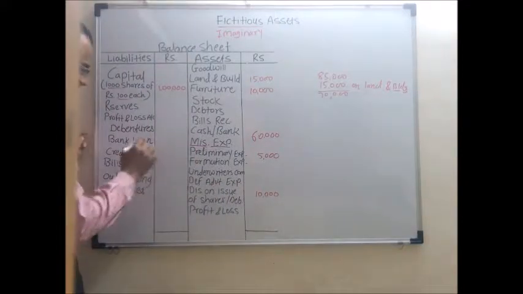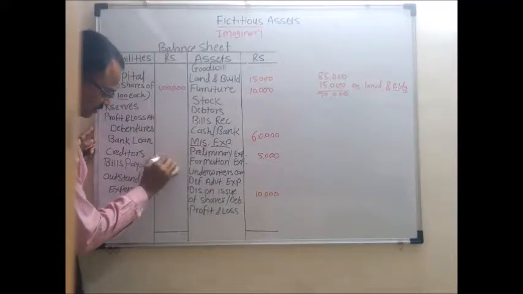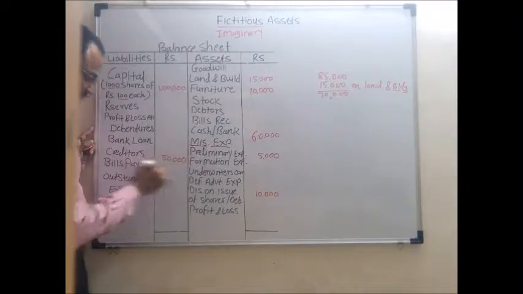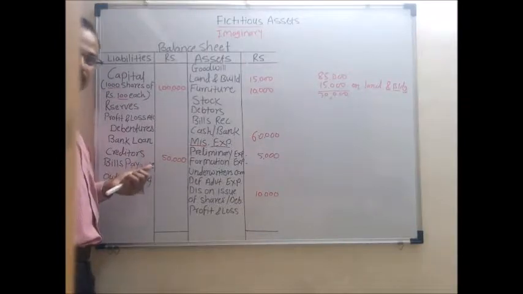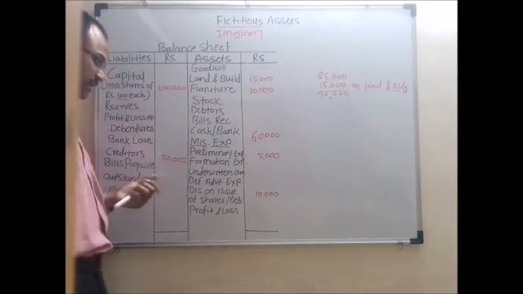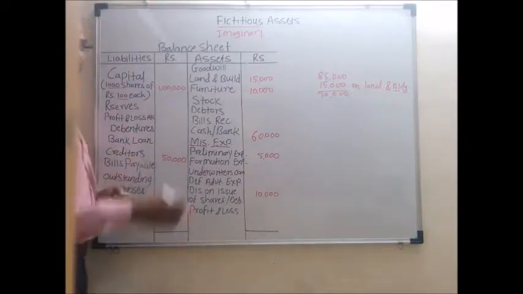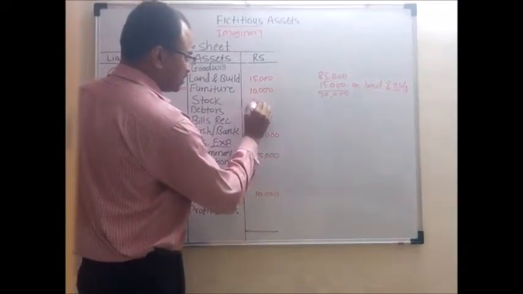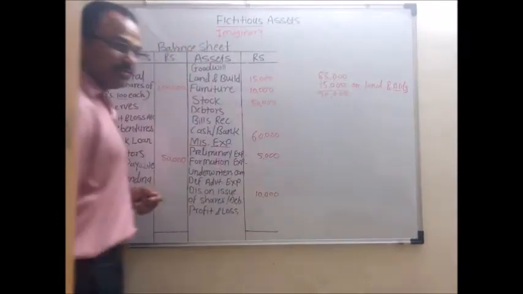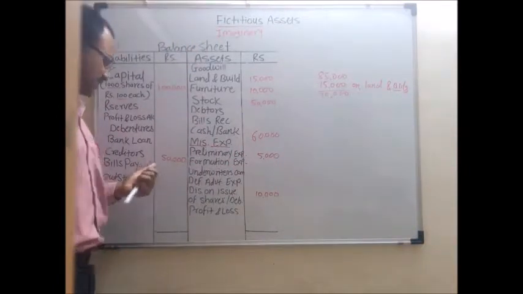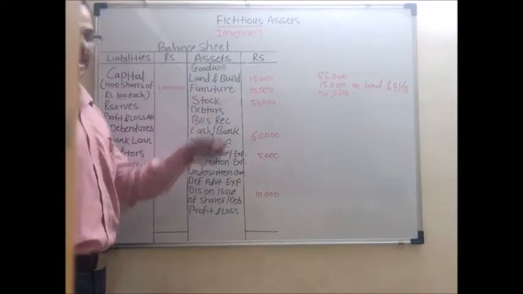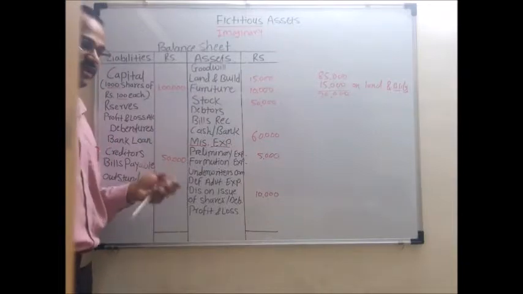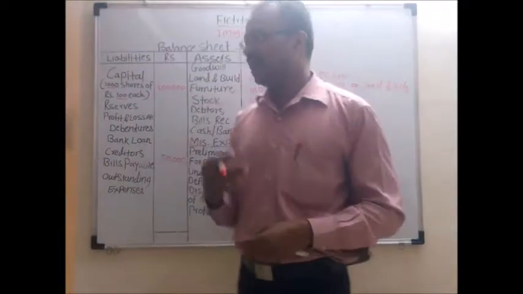So creditors will get created, as we have purchased the material on credit basis, and I have stock of rupees 50,000 similarly. So in this transaction, one liability is created against one asset. In this way, assets and liabilities get created.